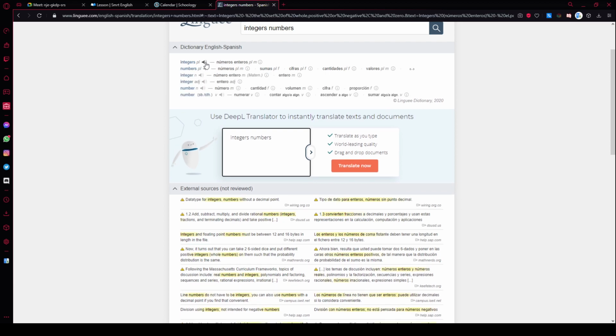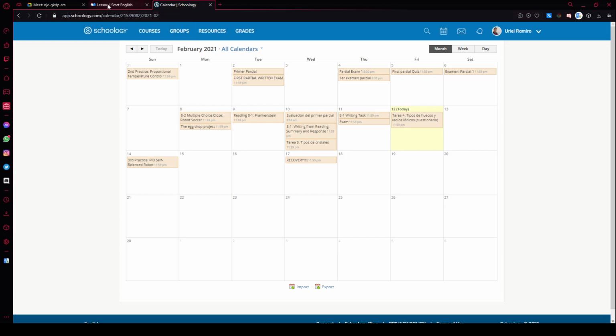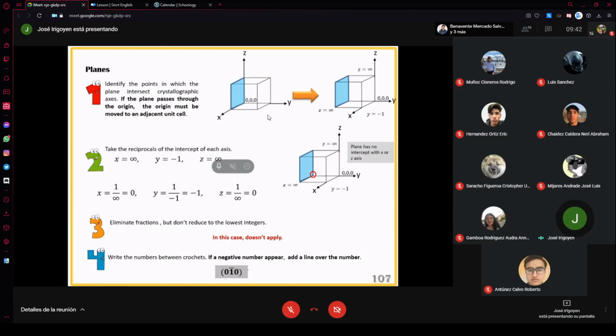Let's check another example. Now you have this. The same thing: identify the points in which the plane intersects the crystallographic axes. In this case, as you can see, the plane intersects at the origin. So, because we have that, we need to move the origin to an adjacent unit cell.